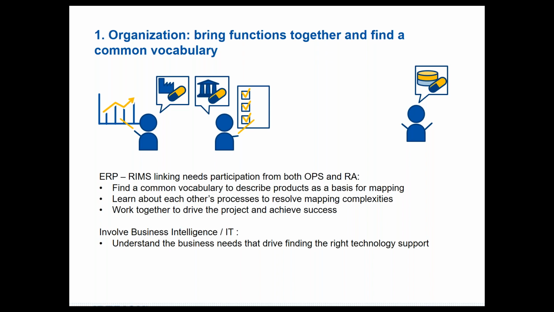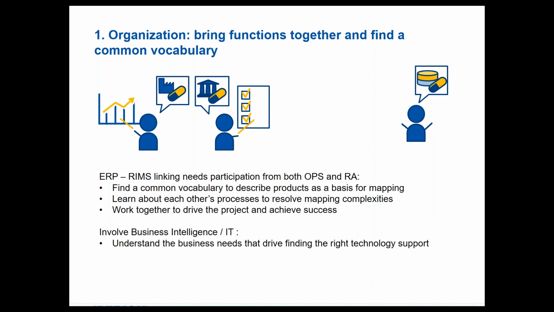In this way, the goal is to find a common vocabulary to discuss those processes and the products. This is a key factor in establishing a way to exchange information, because if you do not understand what happens in the process of the other function, there can never be true information exchange.